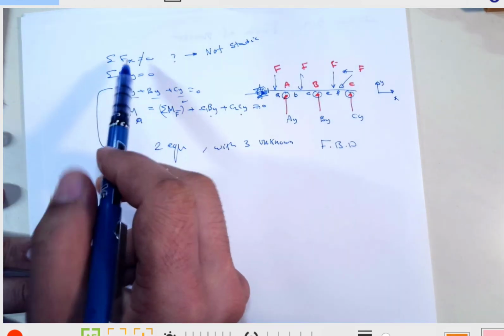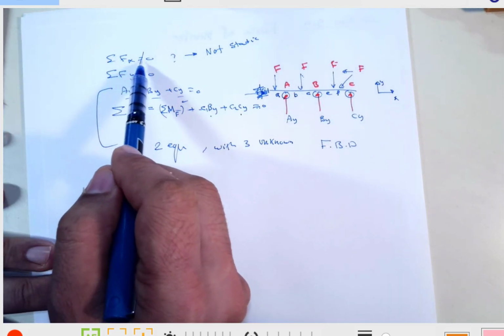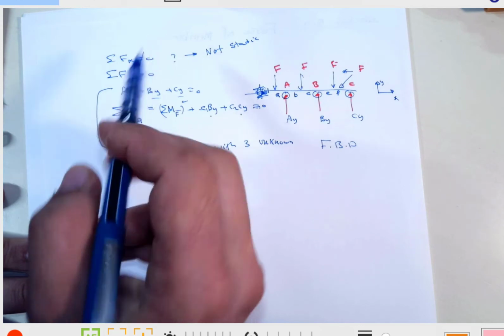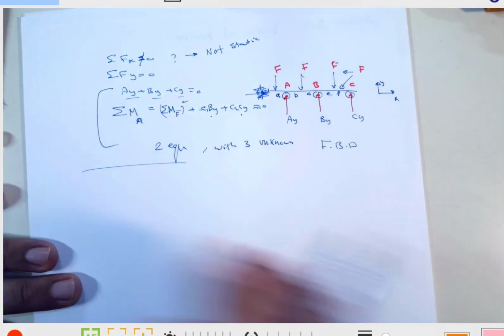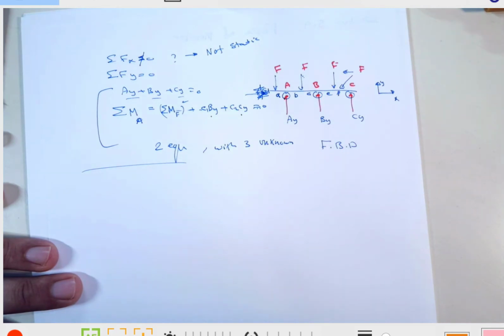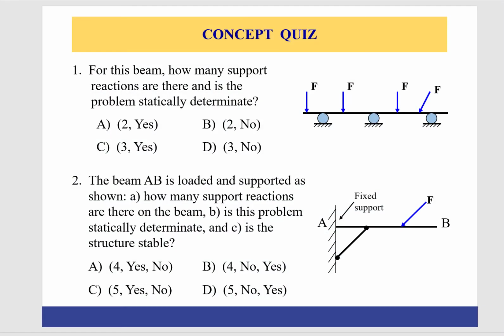The summation of Fx not equal to 0 did not help us. So therefore, the answer for that problem, going back here, is D. So yes, although we have three equations and three unknowns, it is statically indeterminate.